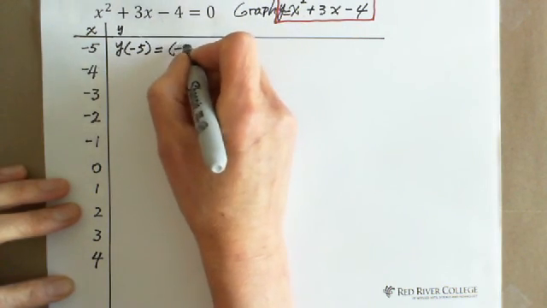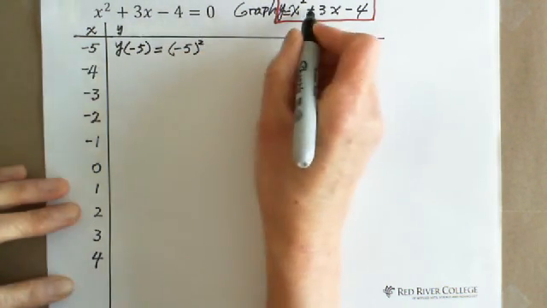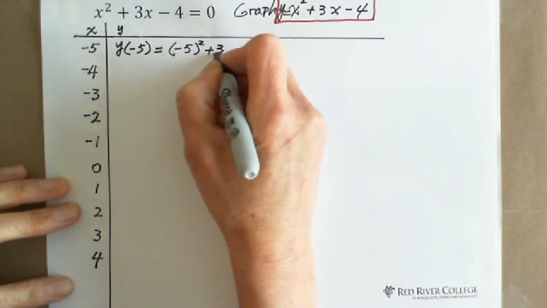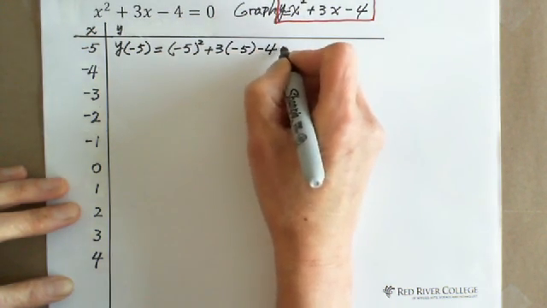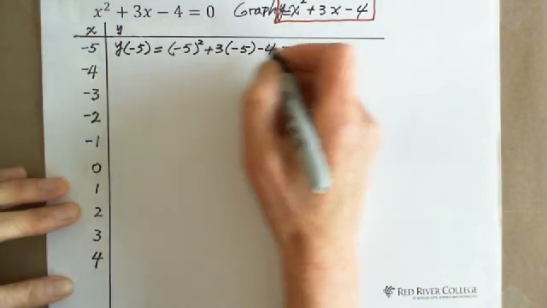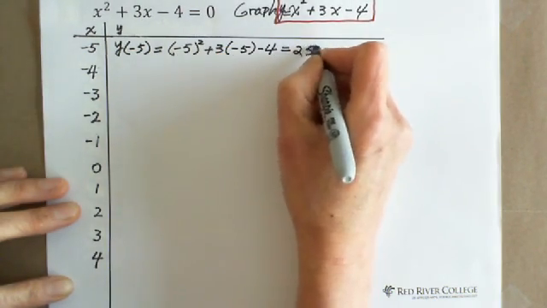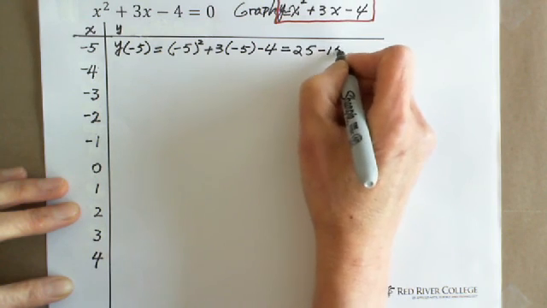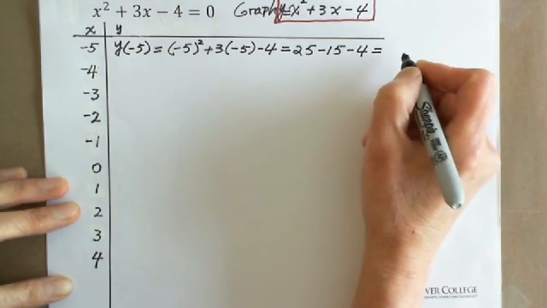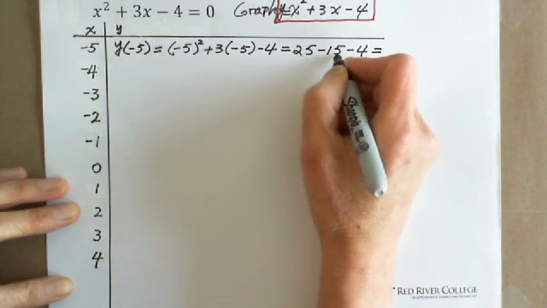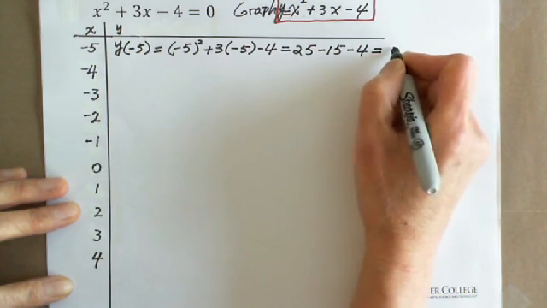We have -5 squared plus 3 times -5 minus 4. We calculate the value: -5 squared equals 25, minus 15, minus 4. 25 minus 15 is 10, minus 4 equals 6.